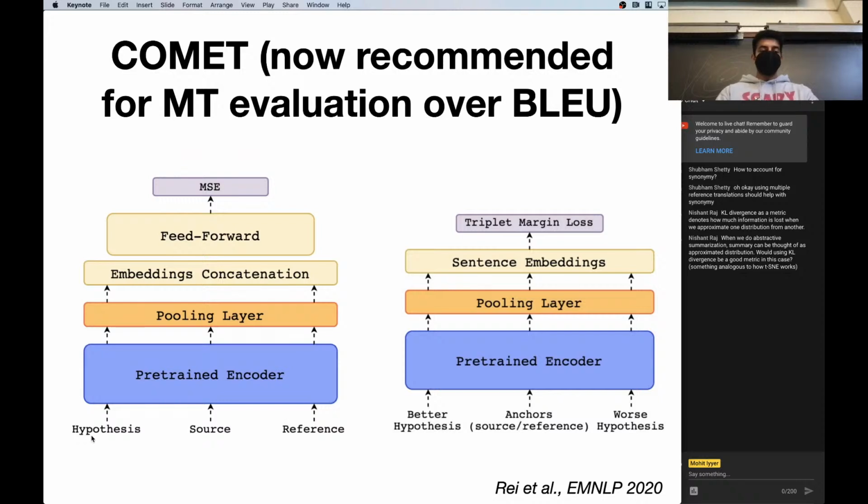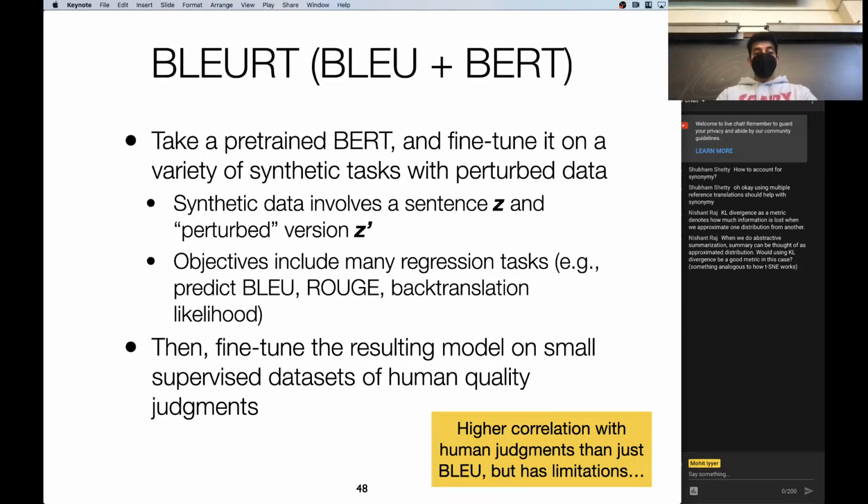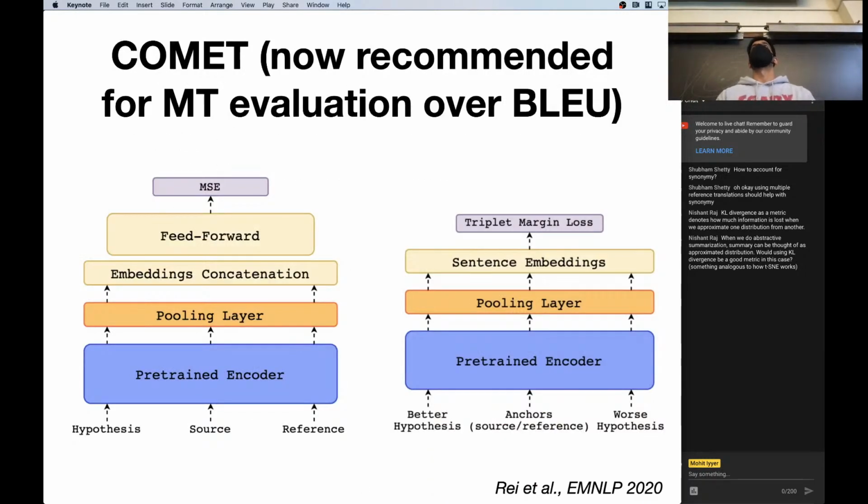So I agree that if you remove the source, then it becomes very much like a sentence similarity task, although you also wanted to judge fluency as well, so perhaps that's a little different. In the BLEURT paper, I believe they didn't use the source text, so it's very similar to what you're saying. But if you care only about adequacy, then perhaps you can do very well already without including the source. Although, I guess that's also true for fluency. Fluency you can do without any reference at all.